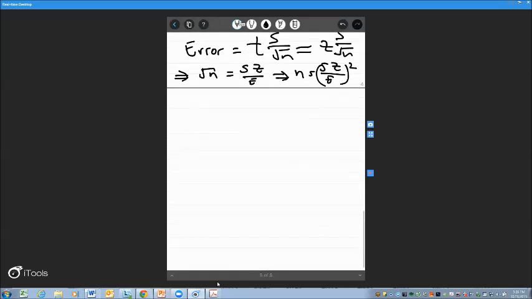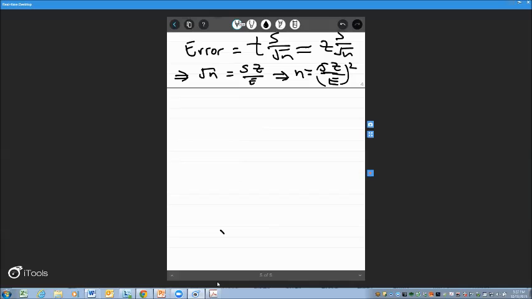So given some z value, I can approximate the sample size needed by taking s times z and dividing by the error and squaring it.